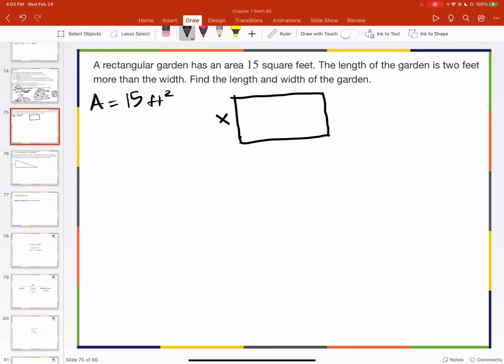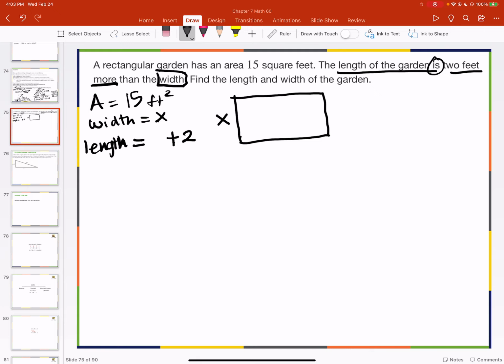So if I let the width equal x, I'm going to use the variable x to represent the width. But the length, notice the following, the length of the garden is 2 feet more. What does that mean? I'm going to add 2 to something. The width, what's the width? Width is x. So now we have width is x, length is x plus 2.